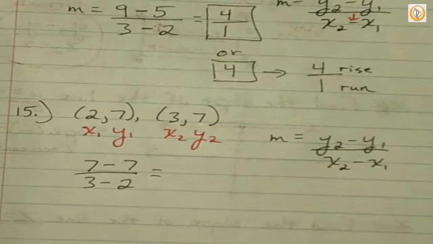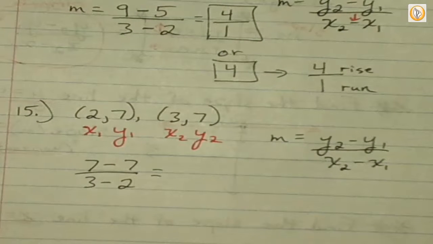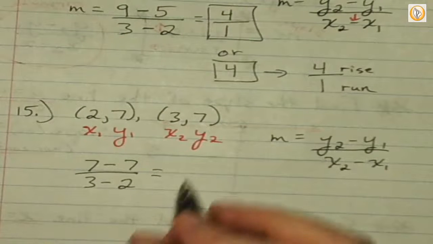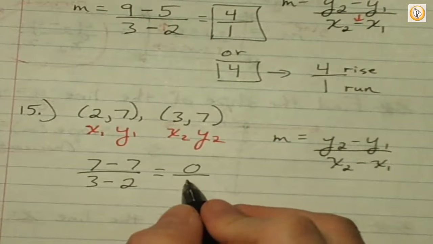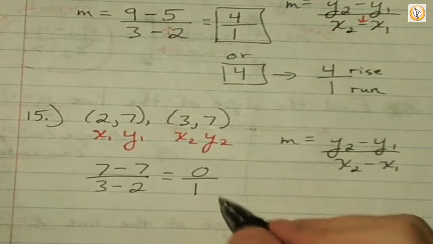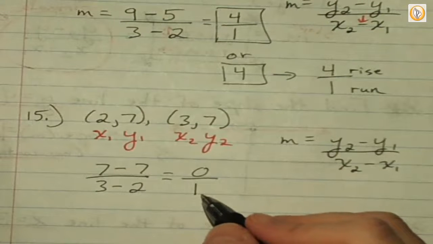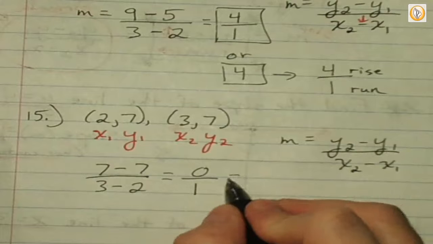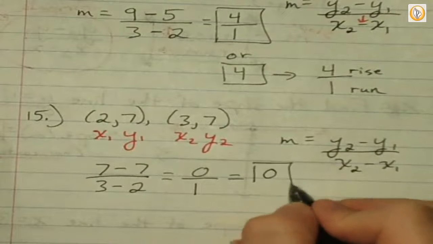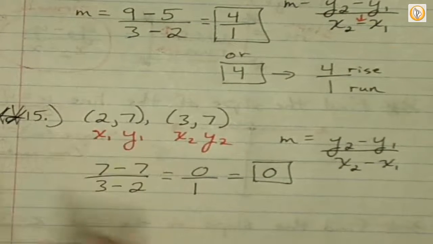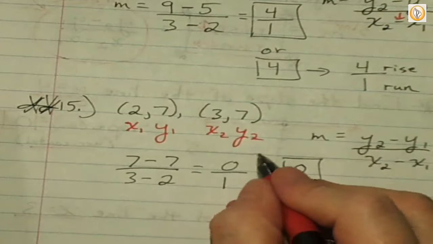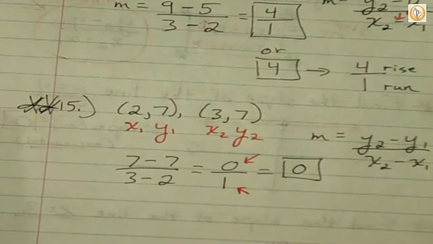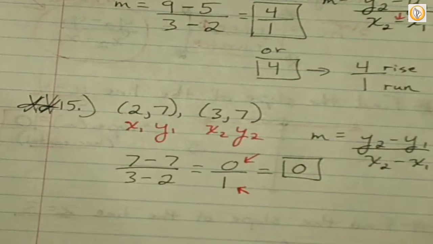Let y'all write that down. So 7 minus 7 over 3 minus 2 is, if you have a 0 over the 1 or any number, the slope is 0. Putting a star, 2 stars. Anytime you have 0 as a numerator and a number on the bottom, the slope is 0.